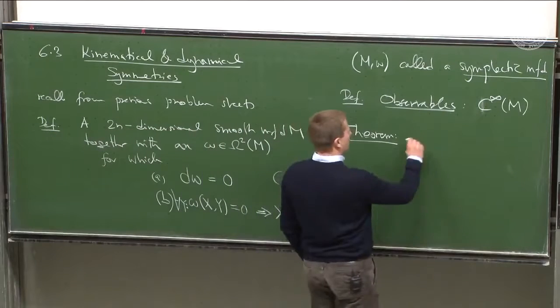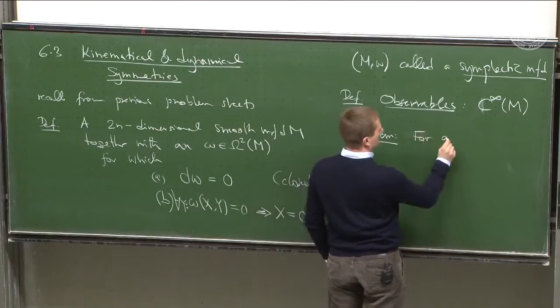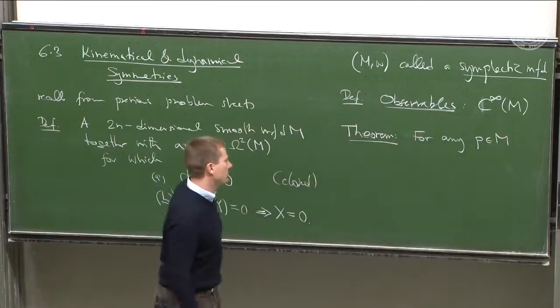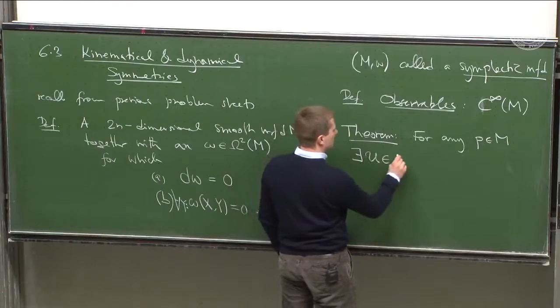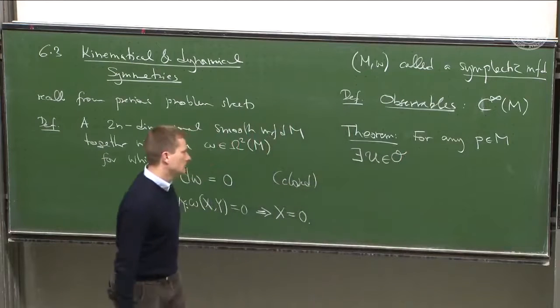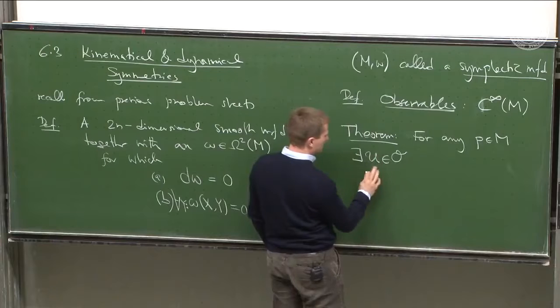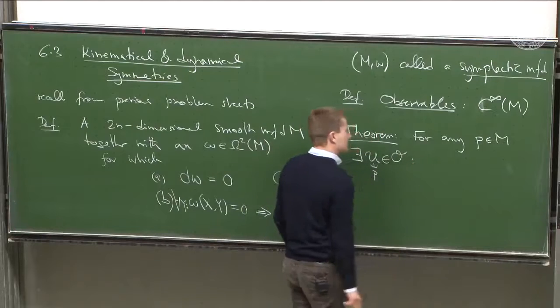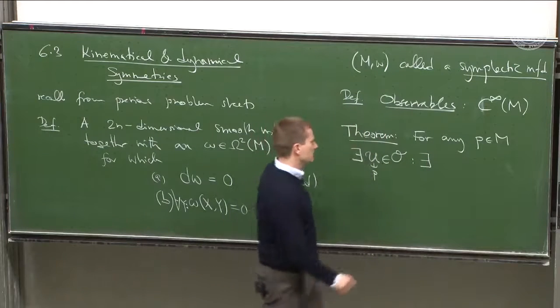So, theorem: for any point P of this symplectic manifold M, there exists an open set U containing P, so it's not the empty set, containing the point in question, such that there also exist coordinates.